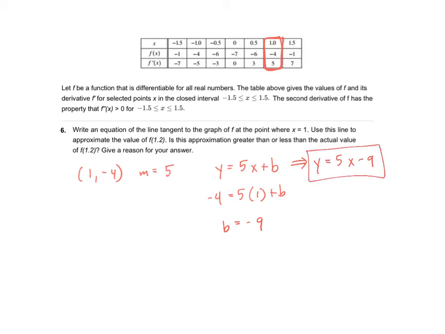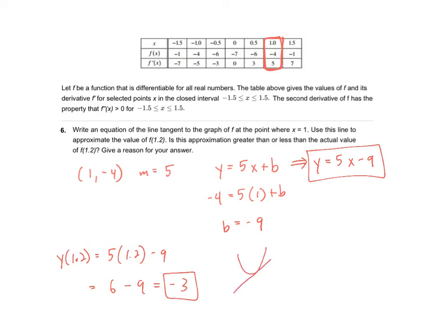And then they say use this line to approximate the value of f of 1.2. Okay, then they say, is this approximation greater than or less than the actual value? Okay, so let's plug in 1.2. So y of 1.2. 5 times 1.2 is 6. That's -3. Okay, and then this thing's concave up.